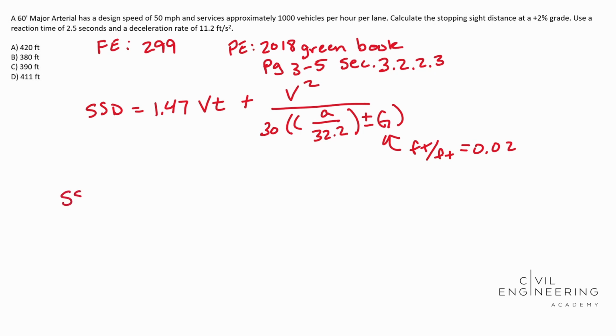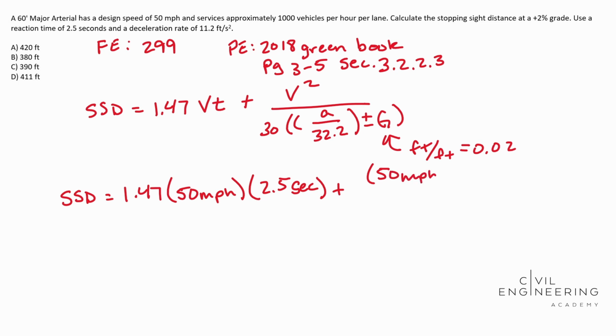So plugging in, stopping sight distance is equal to 1.47 times the velocity, the design speed, which is 50 miles per hour, and we need to multiply that by our reaction time, which is 2.5 seconds. Then we need to add our design speed again, 50 miles per hour.